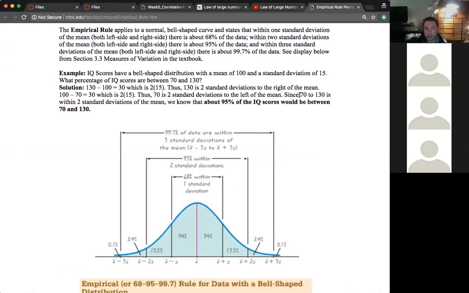In further lectures, we're also going to teach you how to calculate the exact percentages. We can calculate that using R and using z-scores.